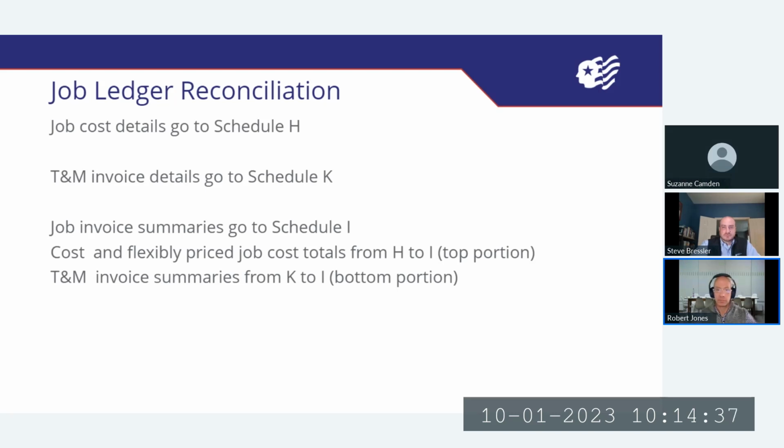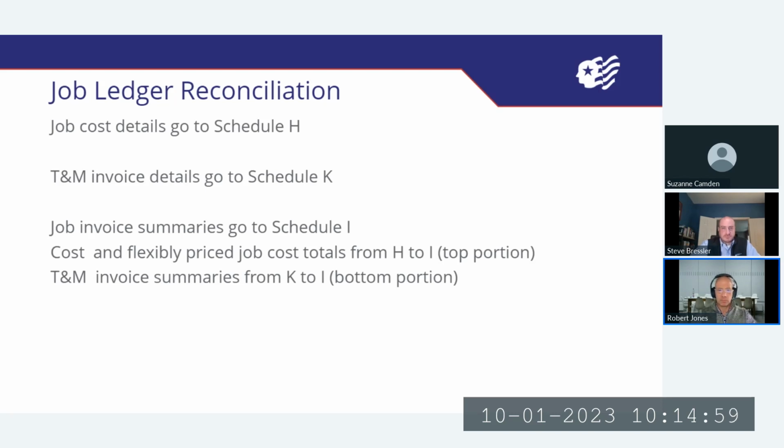And then our other job invoice summary information goes into Schedule I. So for our cost type contracts and our flexibly priced, we need the summary or total invoice to date, and that's inception to date. It goes in the top portion of Schedule I.